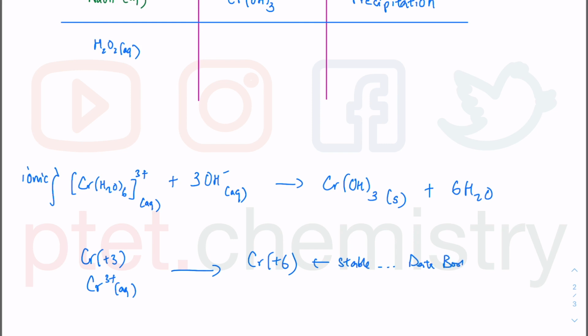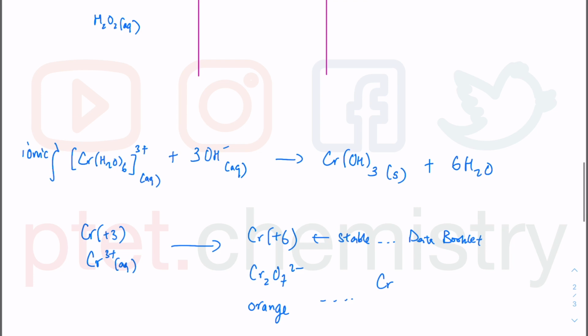You don't have chromium 4 or chromium 5, you have chromium 6. Examples of chromium 6 you will have come across are Cr2O7 2 minus, which is orange. But of course, they are in equilibrium depending on the acidic or alkaline conditions you have. With chromate, this is also chromium plus 6, but it is yellow in color.